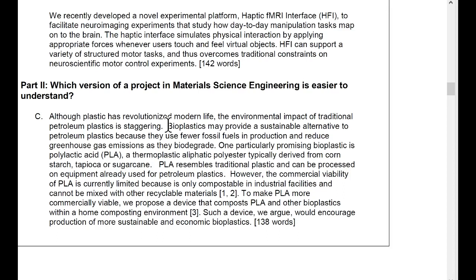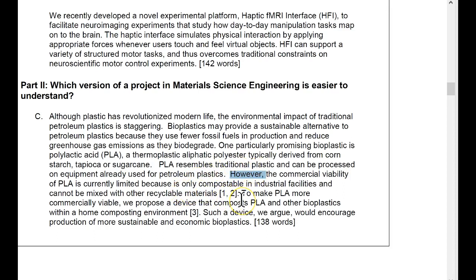And one particularly cutting edge solution is PLA. Then we are focused on the benefits and definition of PLA up until this however. However, the commercial viability of PLA is limited. So the words however and limited are really pointing to the gap, as well as the word only.